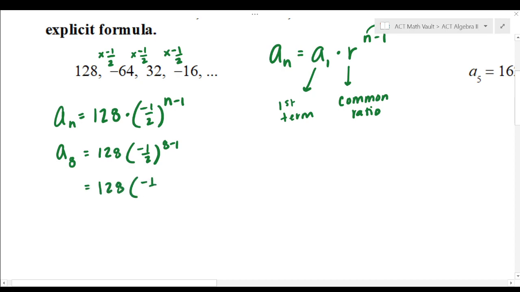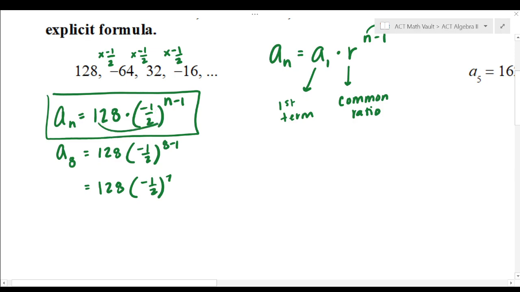We have to think about order of operations here. We cannot multiply these guys together. A lot of people think that this formula right here, which is the explicit formula, would be just, 128 times 1/2 is 64. They would combine these together and call it negative 64 to the n minus 1. But that is not true.